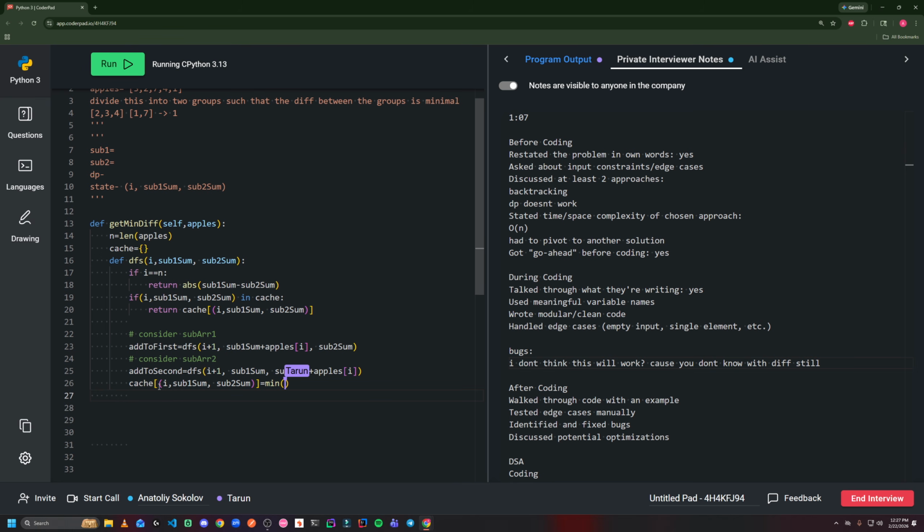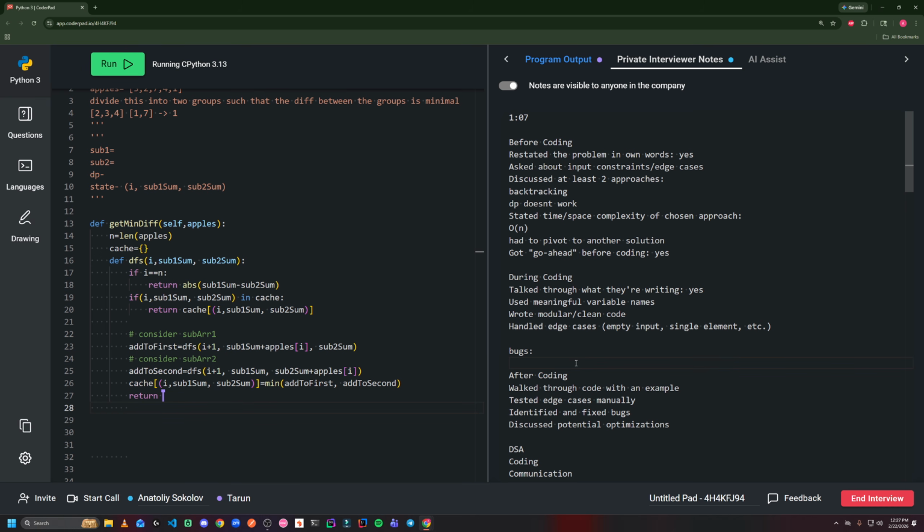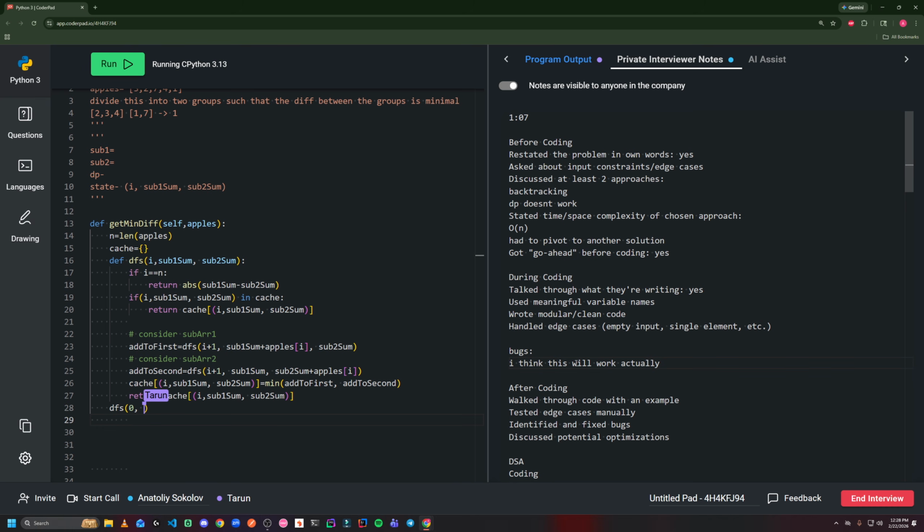Before returning, I'll just take add to first and add to second, and then I'm going to return the minimum. So here I'll start with 0 for both subarrays, and I'm going to return it.